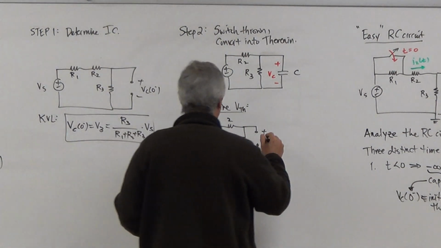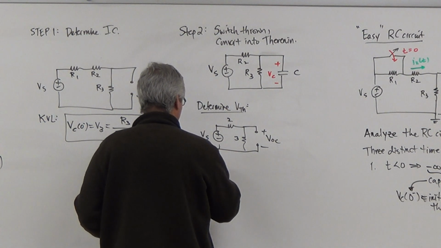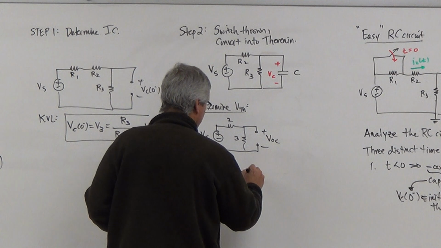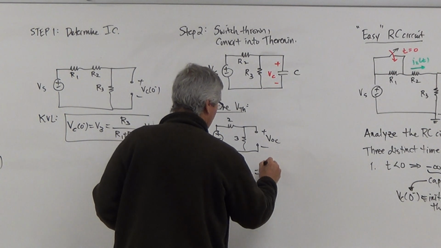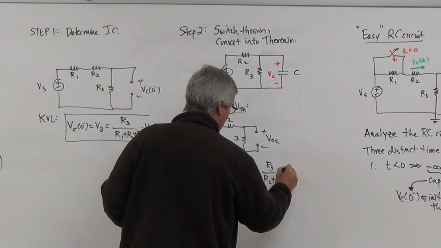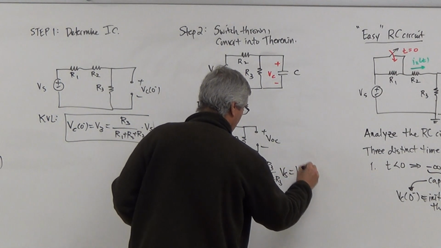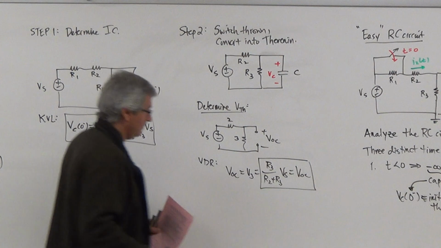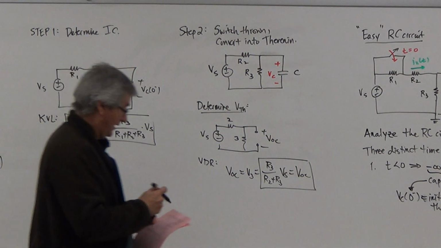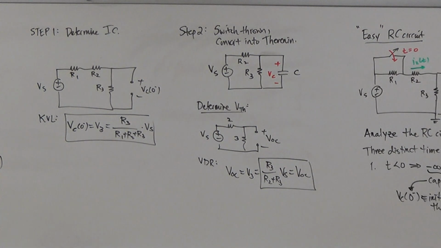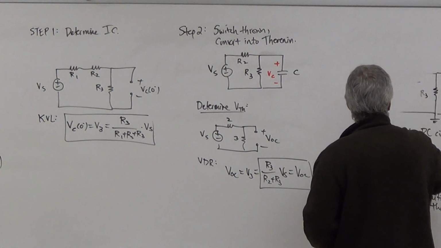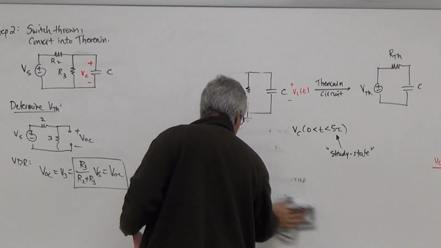So if I use VDR, we can see that VOC is the same as the voltage across the 3. Okay? Just as we would expect here. And now, what I'm going to do here is that I got to go calculate the Thevenin resistance here.